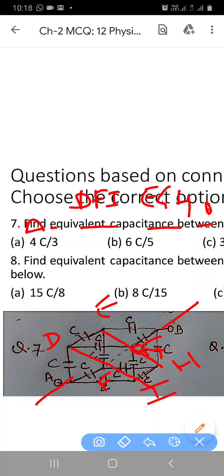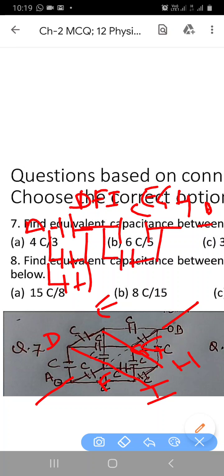So between A and D there is 1C, also A and F 1C, and also A and I 1C. So all 3C in parallel. Now between D and E 1C, D and G there is also 1C, D and H nothing.